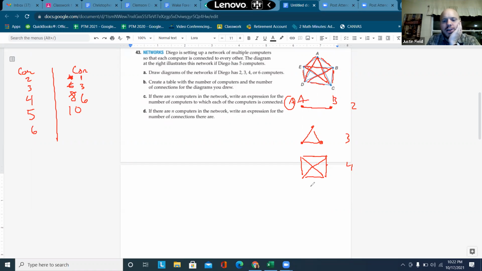All right, so then that 6 is a hexagon. This is a hexagon. 1, 2, 3, 4, 5, 6. All right. So A, B, C, D, E, F. Right? So there's already 6 there because of the sides. And then let's see. Maybe we got 1, 2, 3.